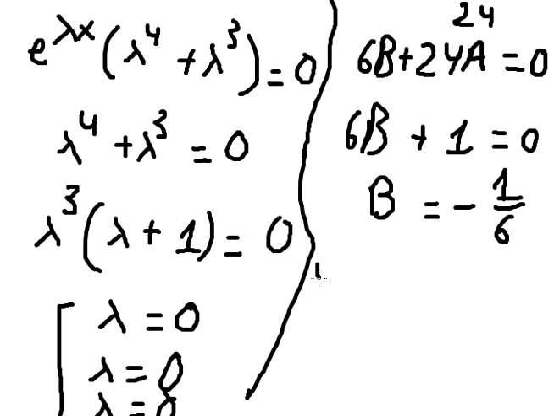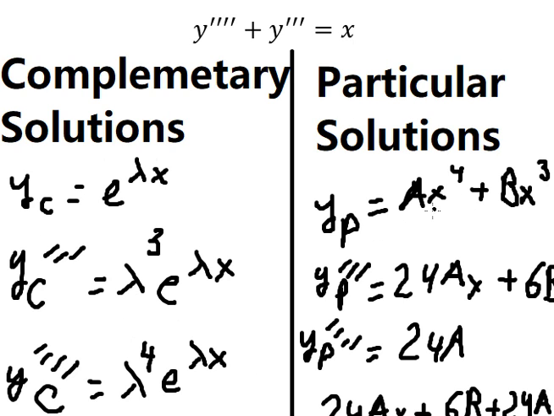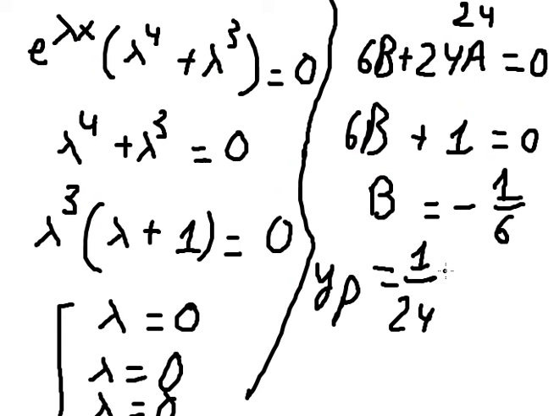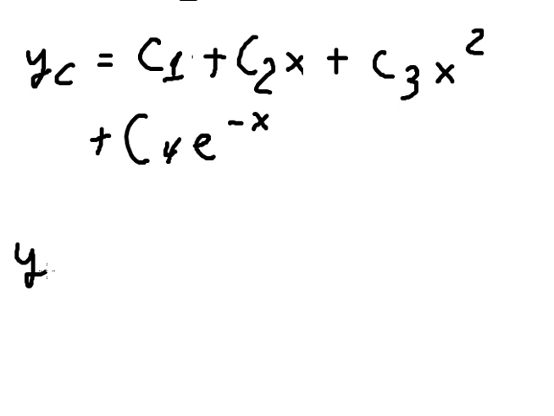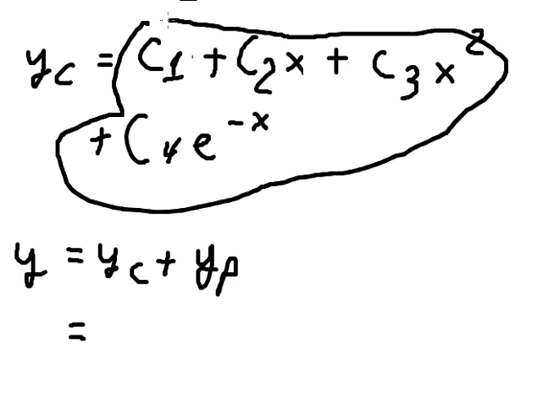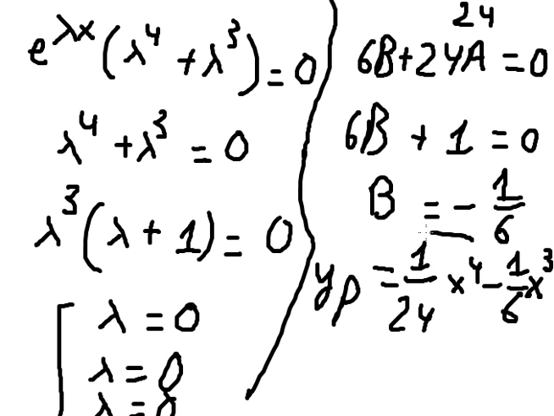So yb we have 1 over 24, and that's it about a in here, s to the power of 4 minus 1 over 6 s to the power of 3. Now we combine the solutions. yc is this one in here, and yb is this one in here.